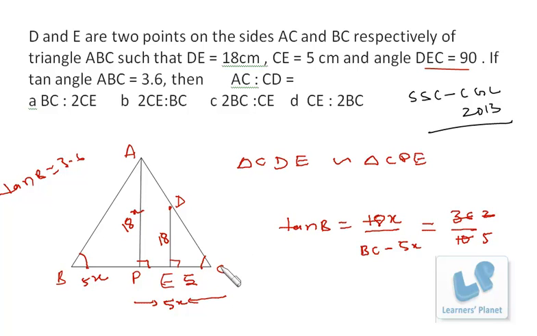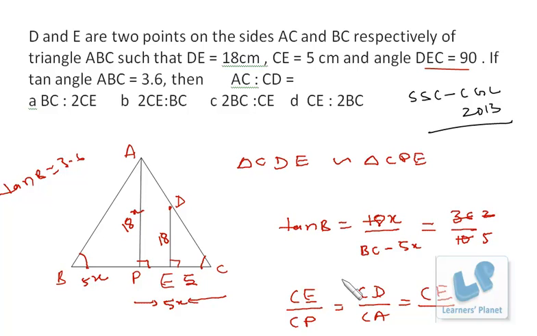Now since all the sides of the two triangles are in the ratio, that means CE by CP is equal to CD by CA. Right? We want CD by CA in terms of CE and BC, and CP will be what? BC minus CP will be 5x.